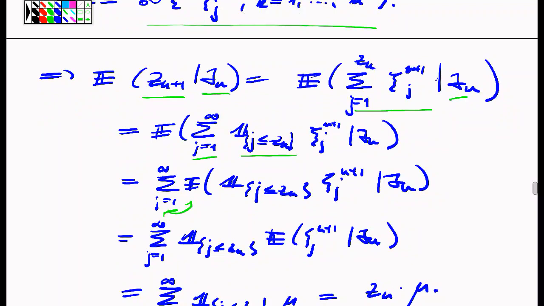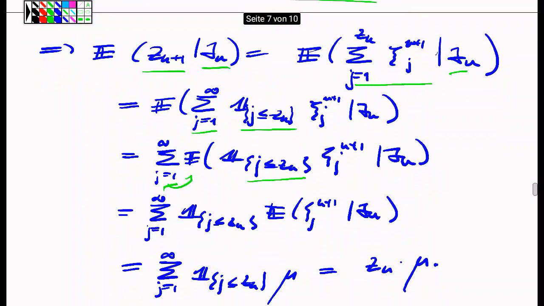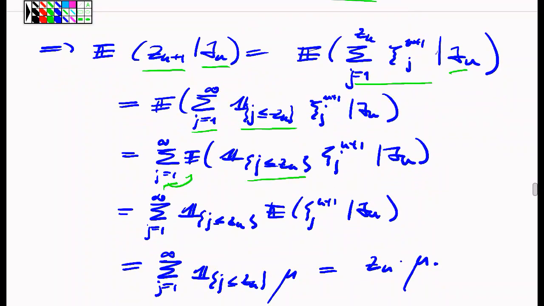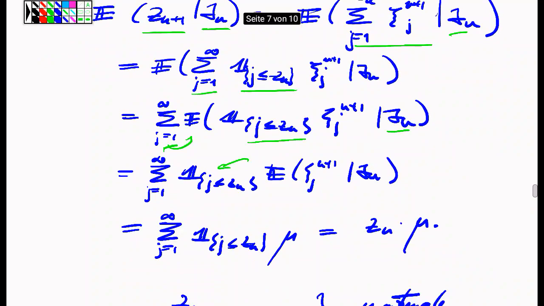And we finally see that this question whether or not j is less or equal to Zn is a question which is related to the realization of the offspring up to time n. So therefore it's a random variable which is measurable with respect to the sigma field Fn, so we can take it out of the conditional expectation and put it in front.